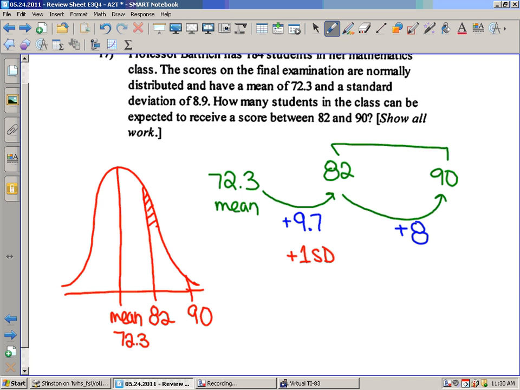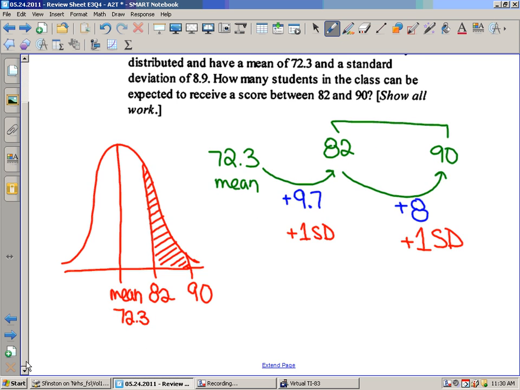We are going to have to find, on the normal distribution curve, approximately this space in between. So this guy right here, 90, is how much above? This is plus 8, so like plus 1 standard deviation above. So we really want to find the space between the first standard deviation and the second standard deviation. Does that make sense? Okay.